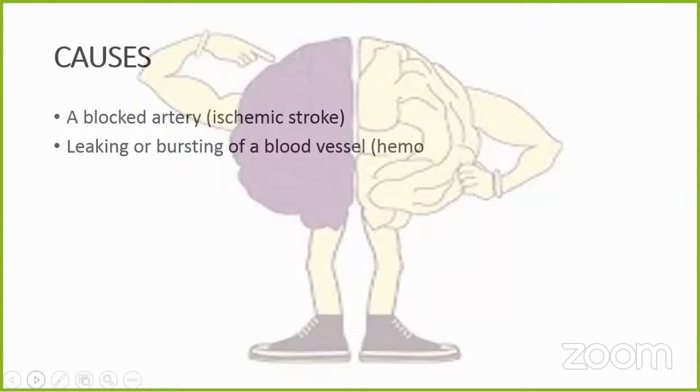If the path of the blood towards the brain is blocked, it leads to stroke. It could be ischemic stroke, where an artery is blocked, causing the stroke. Another is hemorrhagic stroke, where the artery or blood vessel may leak or burst, leading to the stroke.